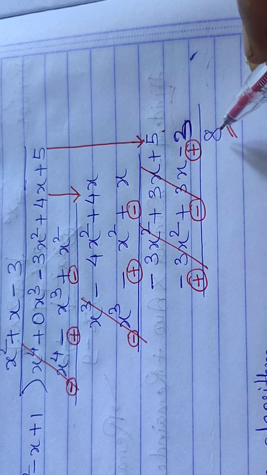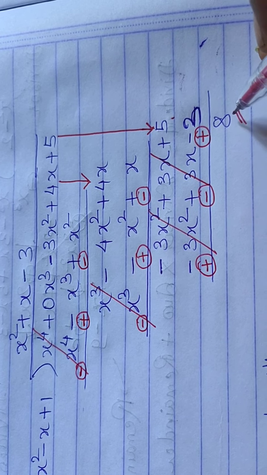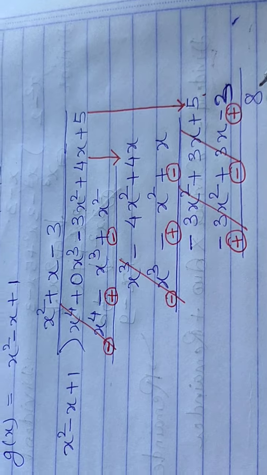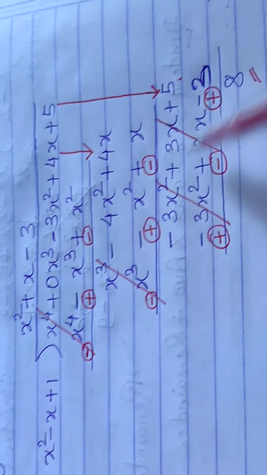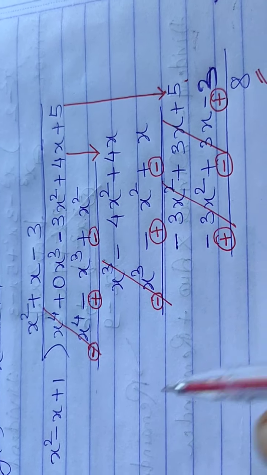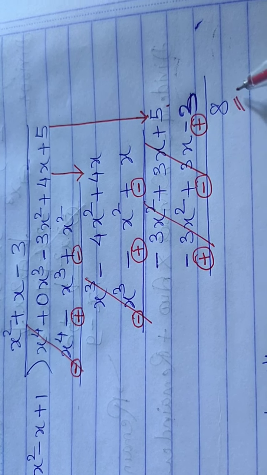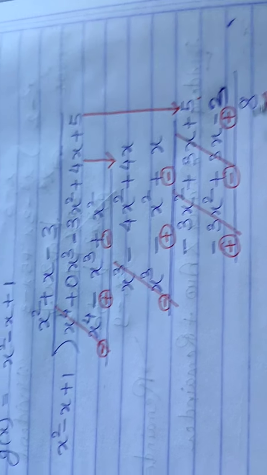This is the remainder. Again check the degree. The remainder is a constant term, so its degree is 0. There is no x, degree is 0, and the degree of the divisor is 2. So the degree of the remainder is less than the degree of the divisor, therefore we cannot divide further. Whatever term is left over is the remainder.